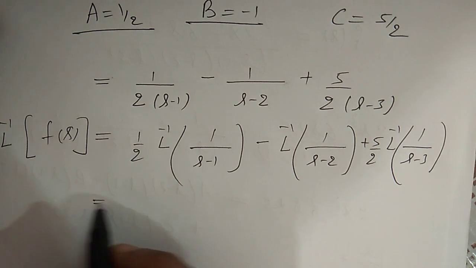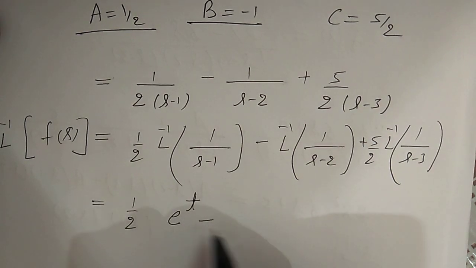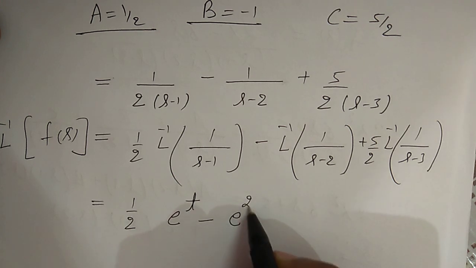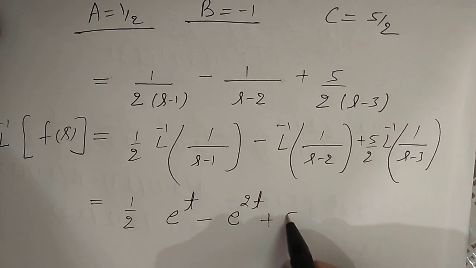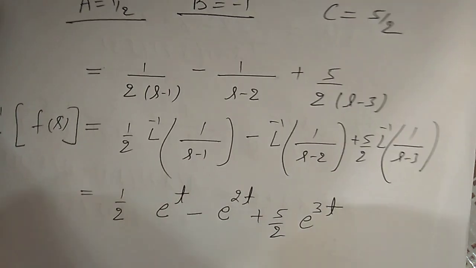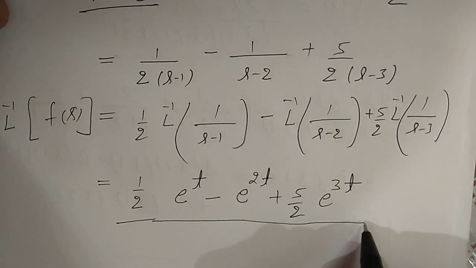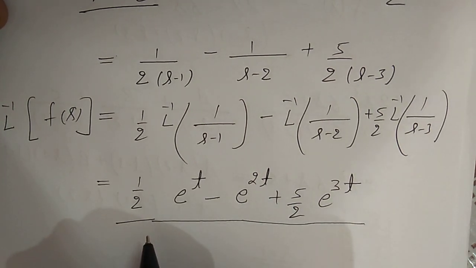So this equals 1 by 2 e power t minus e power 2t plus 5 by 2 e power 3t. So this is the inverse Laplace of the given F of s, in terms of t.